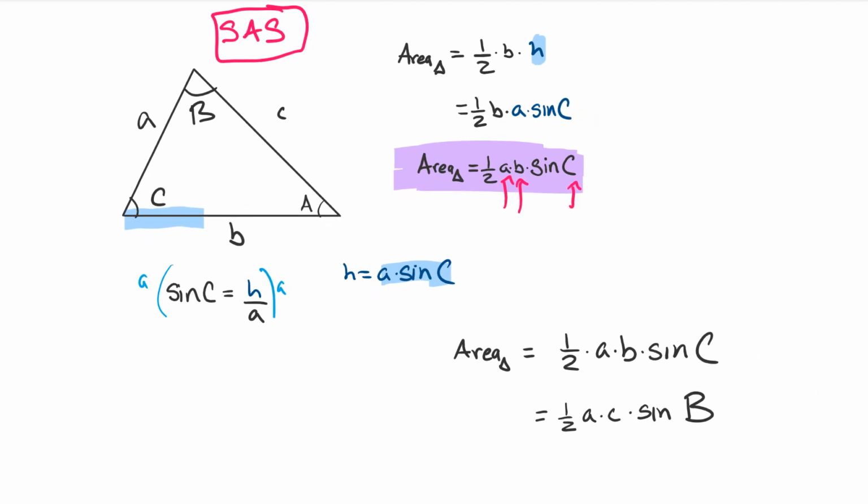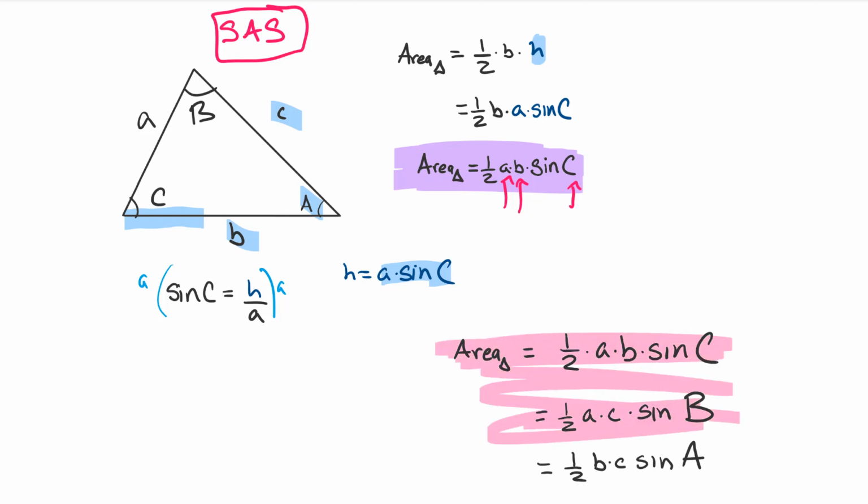It's all completely arbitrary. We could take this side and trap that angle in between as well. And now we have 1/2, keeping it alphabetical, B times C sine of A. Notice all the letters are represented every single time. So here are our areas of the triangle for when you have the side angle side case.